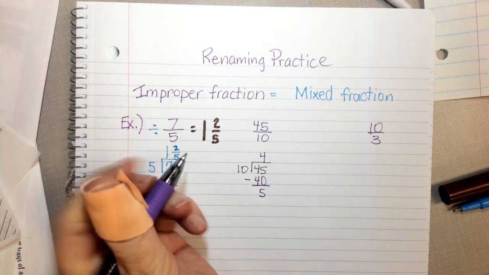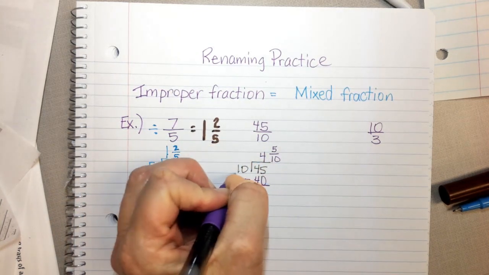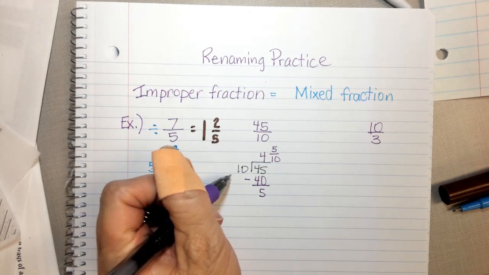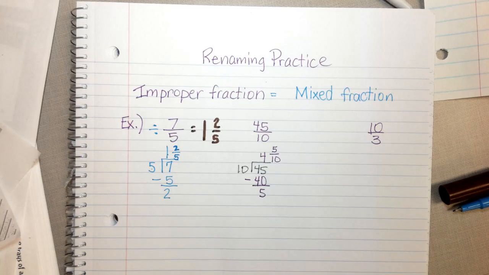And this leftover amount would create our fraction 5/10, because 10 is our denominator, our divisor. Now the problem is, is 5/10 the lowest name? No. That is also a problem that I keep seeing, is some of you get a new answer, but then you think you're done.